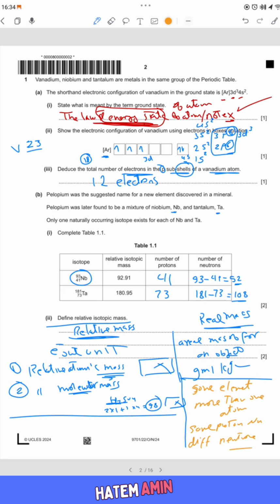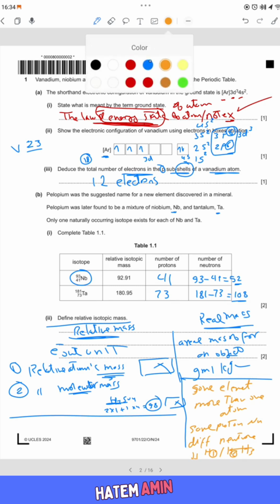For example, we can find hydrogen 1, hydrogen 2, and hydrogen 3. What is the difference between them? Hydrogen 1 has just one proton and doesn't have any neutrons. Hydrogen 2 has one proton and one neutron. Hydrogen 3 has one proton and 2 neutrons.